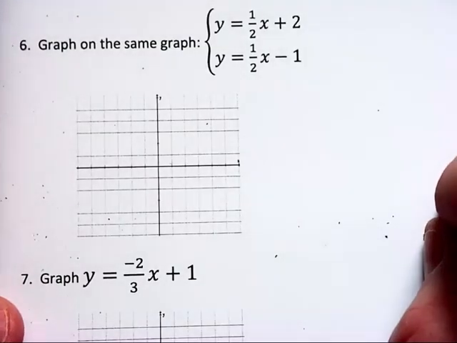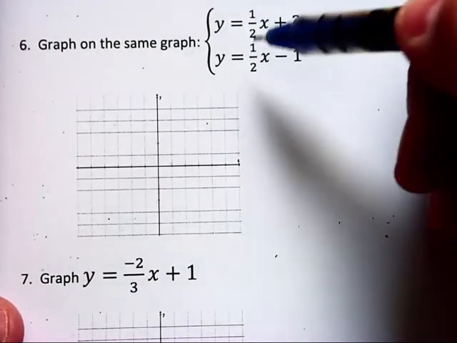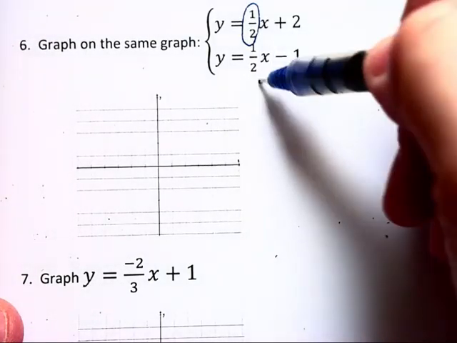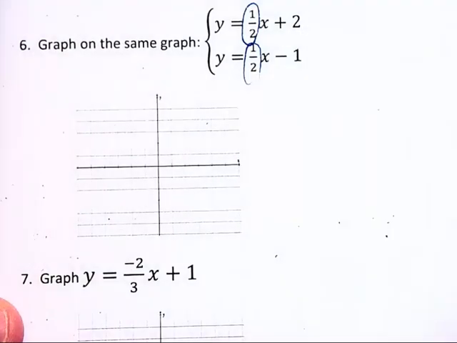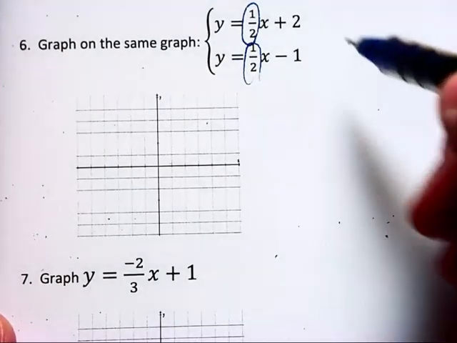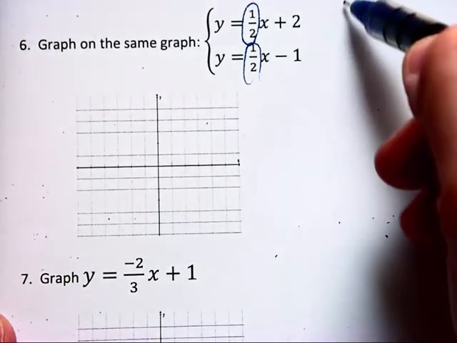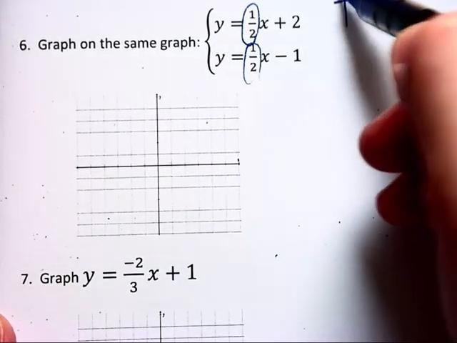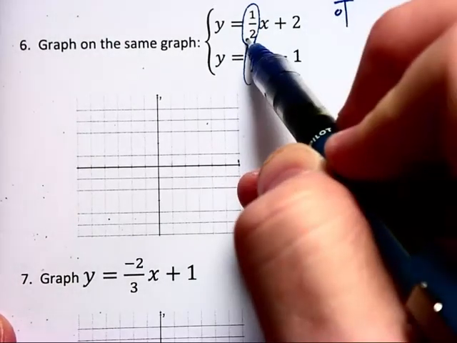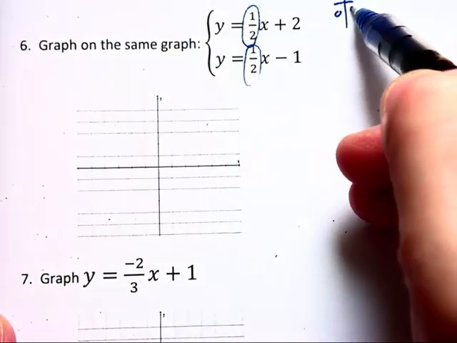Graph these two equations on the same graph. Notice they both have the same 1/2 in front of x. Both of these are going to have a slope of 1/2. Now let's start by creating an xy chart here. If you substitute 0 into the first line, 0 times 1/2 is a 0, plus 2 is 2.